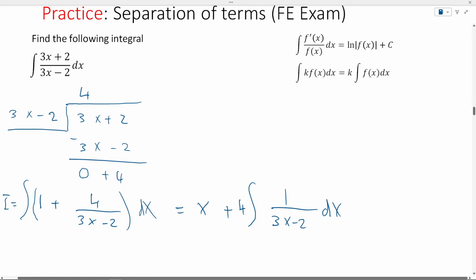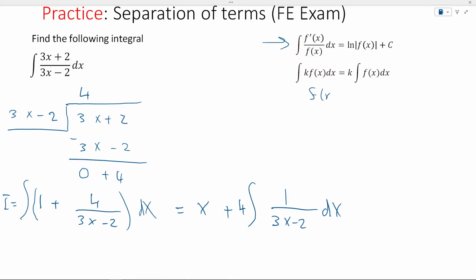When you see something like this, always remember: if my f of x, for example, is equal to 3x minus 2, what is the derivative of this function? That is 3. So this is not exactly 3, this is 1.